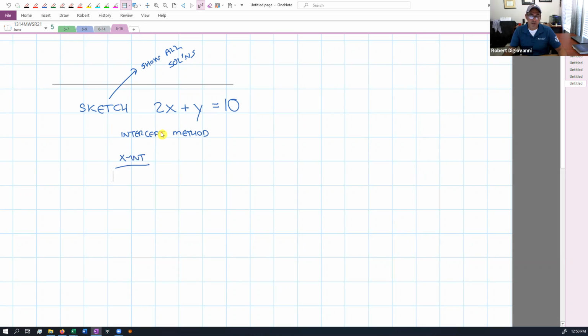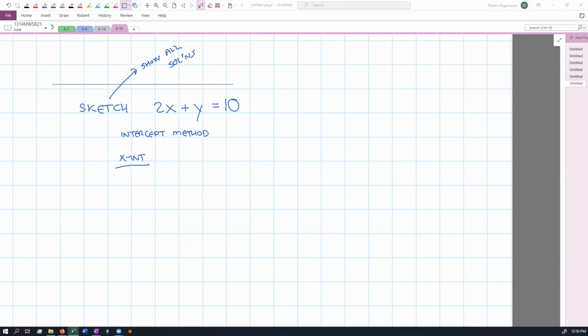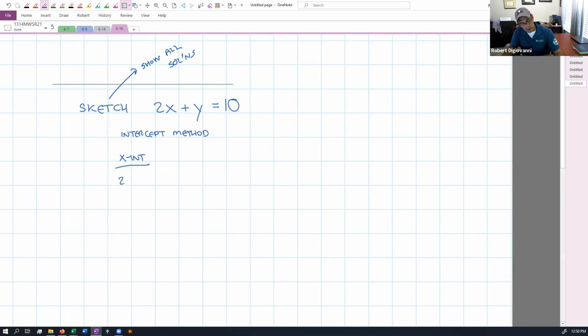To find the x-intercept, Bonnie, what do we do? We set y equal to 0 and solve for x. Okay, so I'm going to write the equation down. I'm going to replace the y with 0, which just leaves me with 2x equals 10.